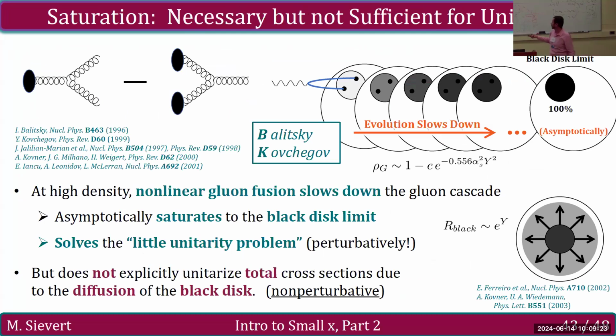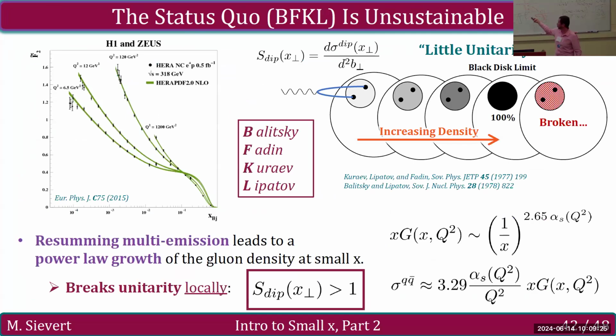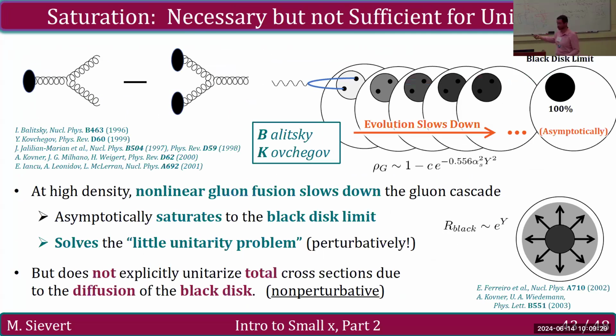There was basically a set of papers that said, look, we've solved the whole unitarity problem. And then these guys came back and computed the radius of the growing black disk and said, no, you didn't. As far as I know, I'm not aware of any major progress on this since then, but I haven't really checked. It'd be fascinating to look.